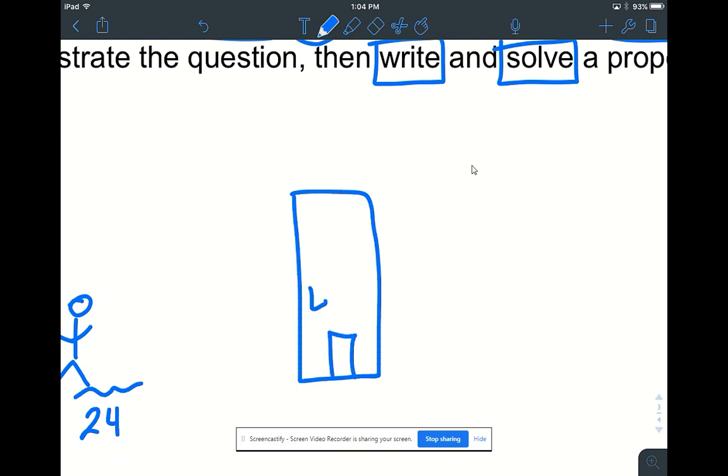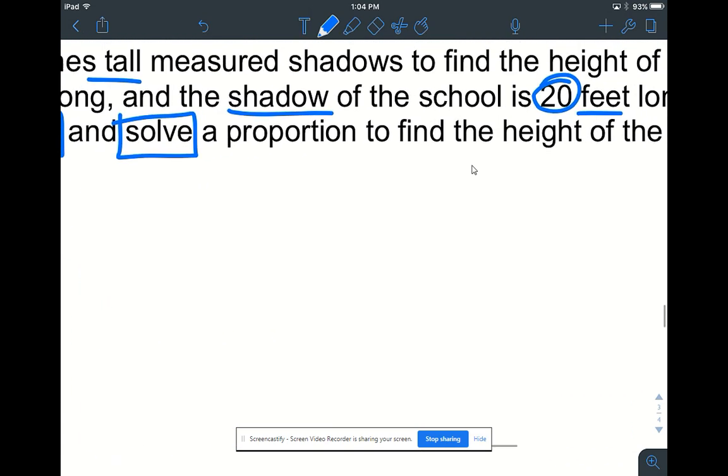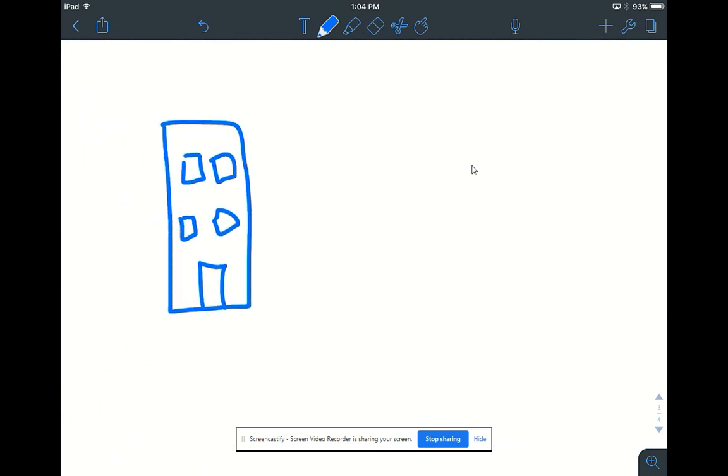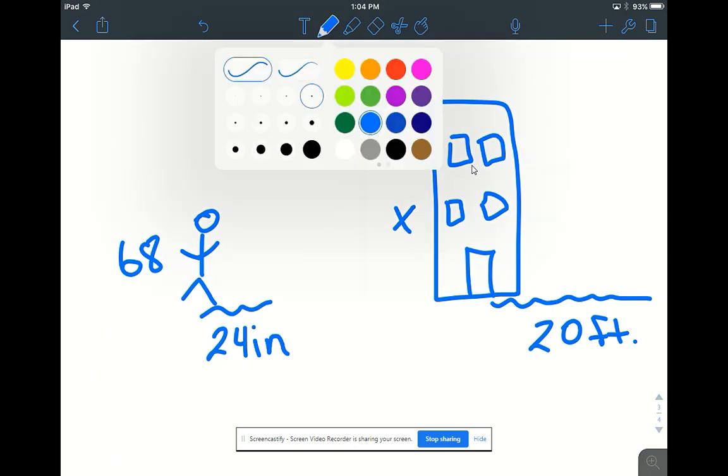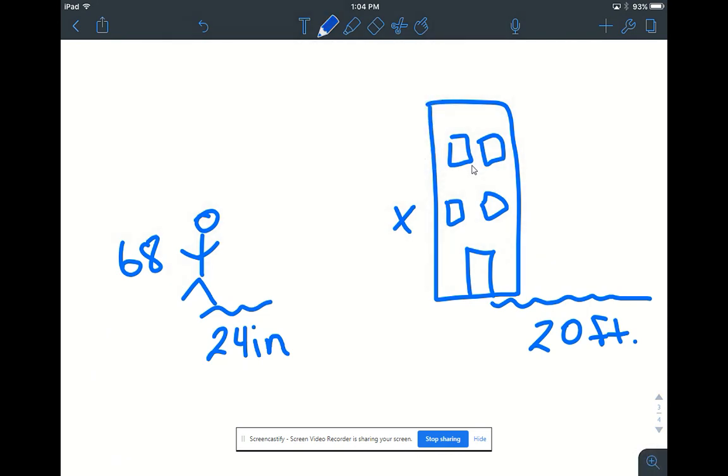Door, windows. Yeah, that looks good. And it says its shadow is 20 feet. So its little shadow out here is 20 feet. I'm going to label this inches over here. And then we want to know x. We want to know the height. So there's my picture. Check.